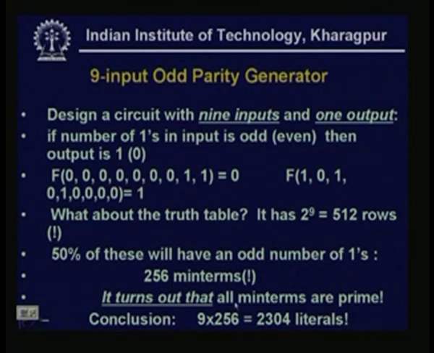Now, it turns out that all min terms are prime. The conclusion is that 9 into 256 is 2304, that many literals will exist.